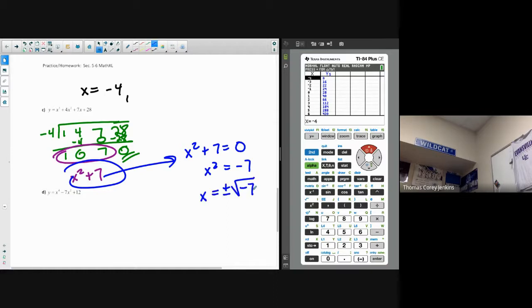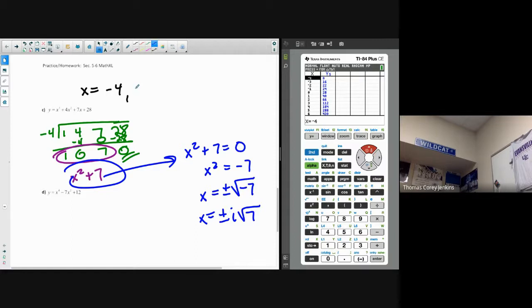So now we can tell that that function never comes back down or back up to hit the x-axis anywhere else because these are imaginary roots, right? So when we simplify that, that'd be x equals plus or minus i square roots of 7. So those are my other 2 roots, which are imaginary roots, right?